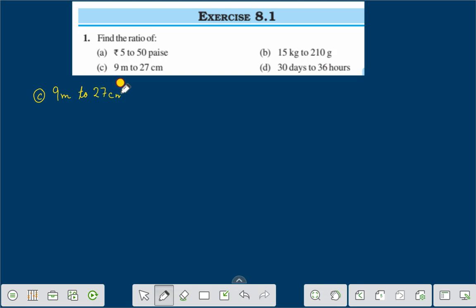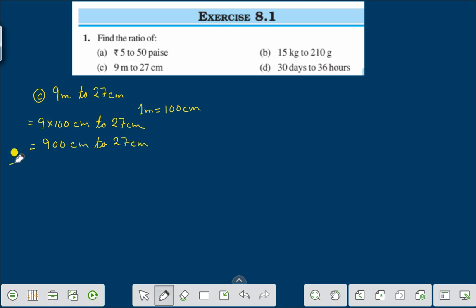You know that 1 meter is equal to 100 centimeter. Right? Therefore, change this meter into centimeter. That is 9 into 100 centimeter to 27 centimeter. Or this is equal to 900 centimeter to 27 centimeter.